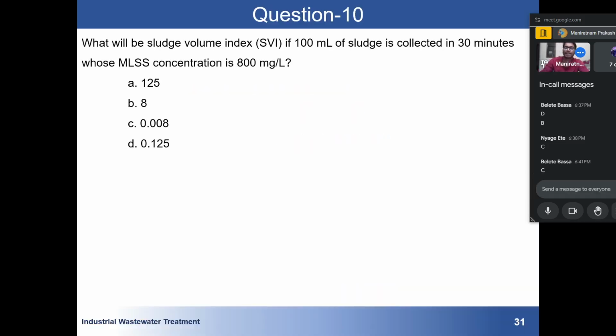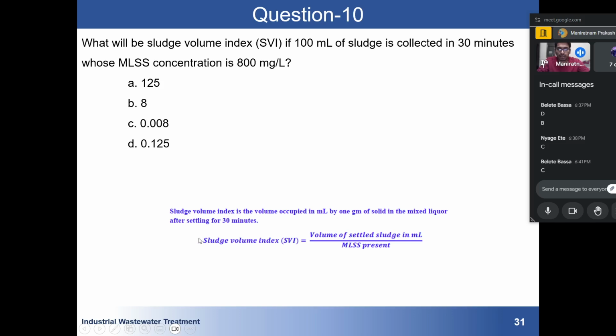Question number 10. What will be the sludge volume index if 100 ml of sludge is collected in 30 minutes, whose MLSS concentration is 8 milligram per liter?